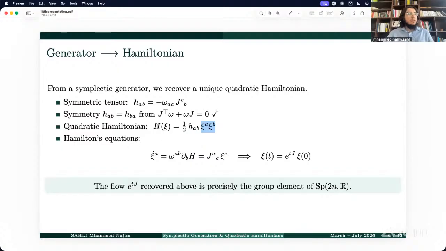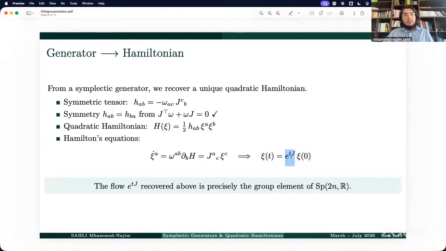And then if we want to evaluate how one vector of the phase space can evolve with the Hamiltonian equation, we find that the time evolution of a vector of the phase space evolves with this exponential map.